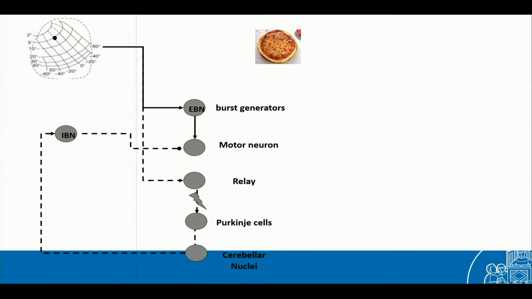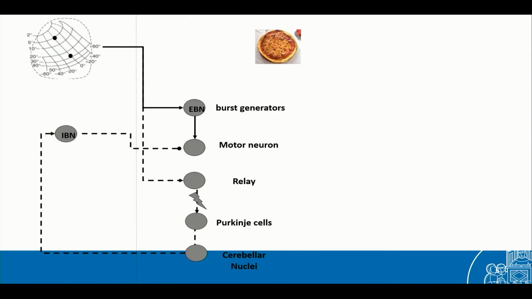If we simplify a lot the scheme that is used in order to control a saccade, when a stimulus appears in our retina, the stimulus is directly sent to the superior colliculus, which has this logarithmic map. We want to move from one point to the other, starting from the output of the superior colliculus, and this is directly sent to the motor neuron through the burst generators.